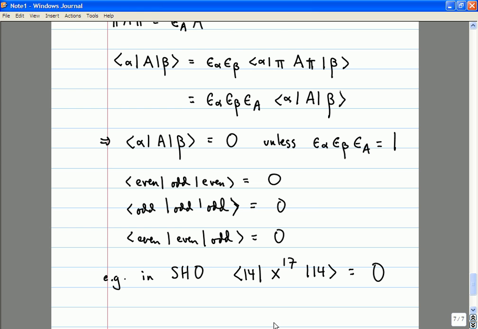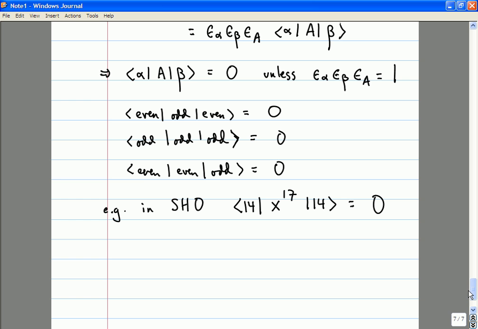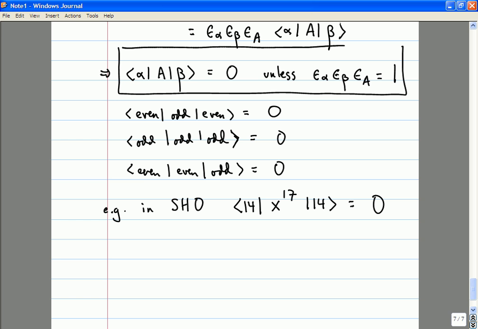And this rule that I'm putting in a box up here is an example of what is known as a selection rule. And it's sort of a version of Noether's theorem for discrete symmetries.